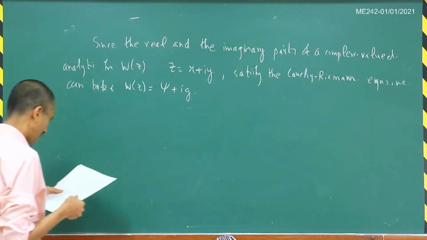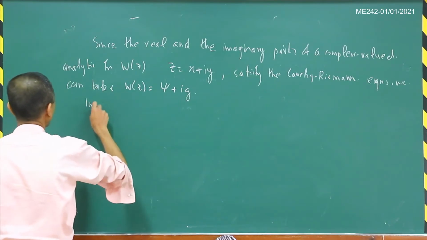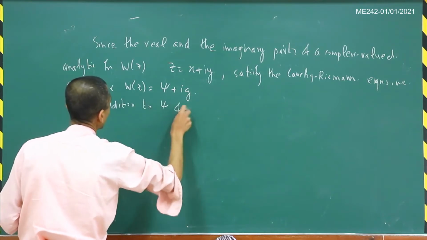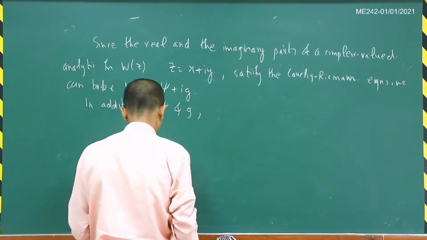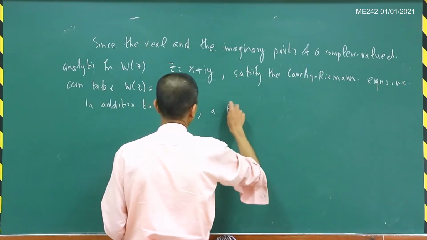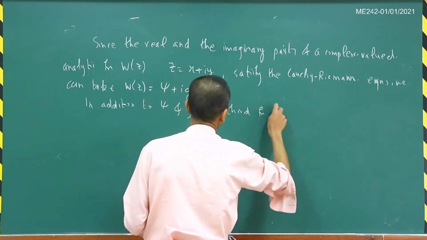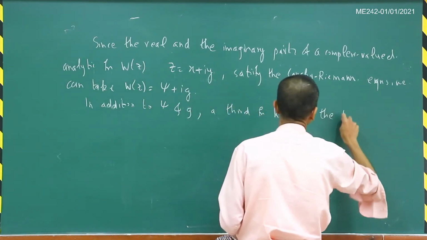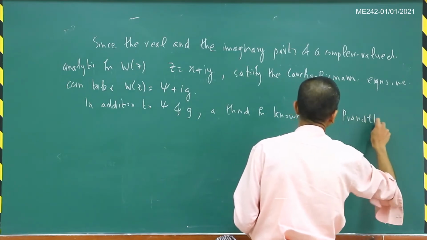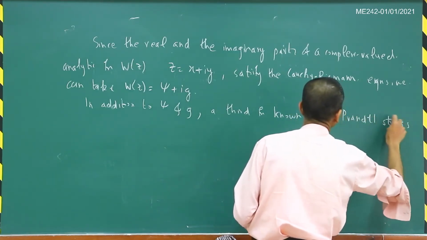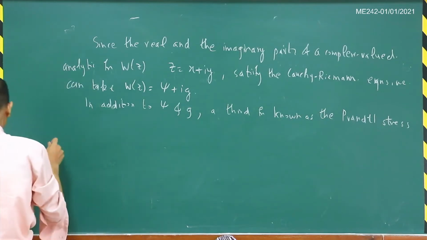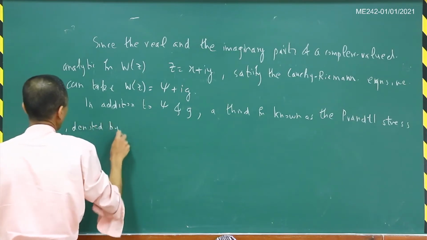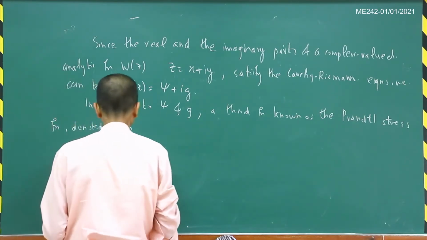Then in addition to these two functions, xi and g, there is also a third function, which is known as the primary stress function, denoted by phi, which can also be used.